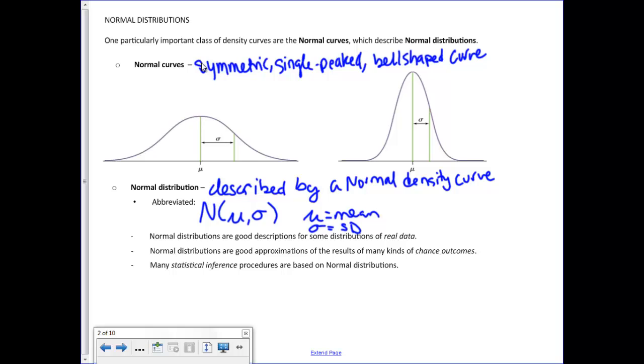Normal distributions are good descriptions for some distributions of real data. So sometimes you're going to have real data where this curve totally fits it. And other times it's used for approximations. This is what we've seen in the past, and we're going to use it to approximate what's going to happen in the future. And we use it for statistical inference, so that we can infer what's going to happen in the future.